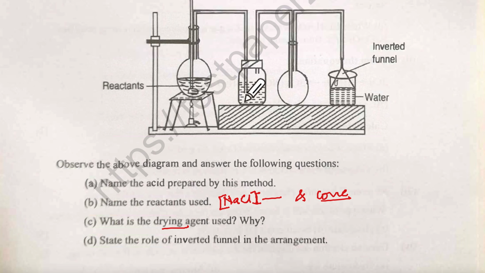What is the drying agent here? Concentrated sulfuric acid. Reason: it is non-volatile. It will not react with the HCl, because it is non-volatile. But here it acts as a drying agent because it is a hygroscopic substance.